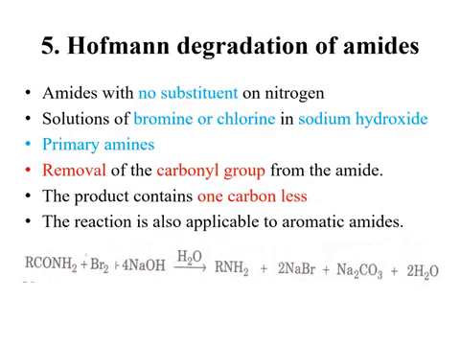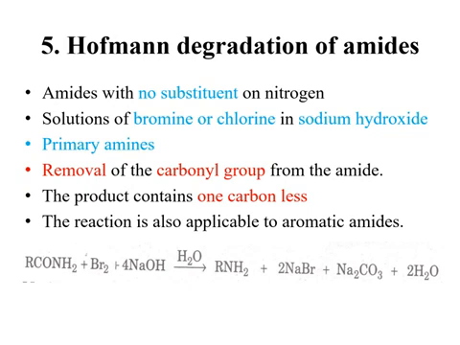Hofmann degradation of amides. Amides with no substituent on nitrogen react with a solution of bromine or chlorine in sodium hydroxide to yield primary amines through a reaction known as Hofmann degradation. The overall result is the removal of the carbonyl group from the amide. The product contains one carbon less than the original amide.